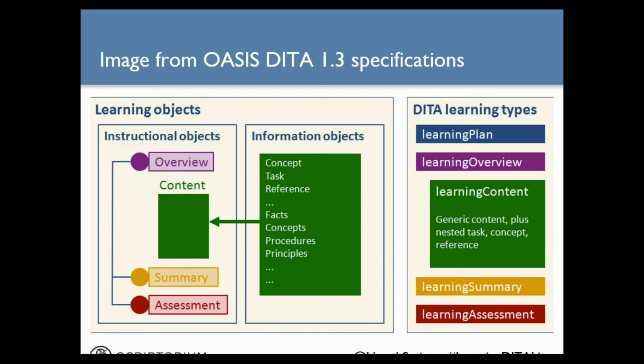And you can see here that on the left, this image shows that information objects are meant to be reused within the learning content. So maybe you're reusing your standard data within this specialization among other learning and training topic types.